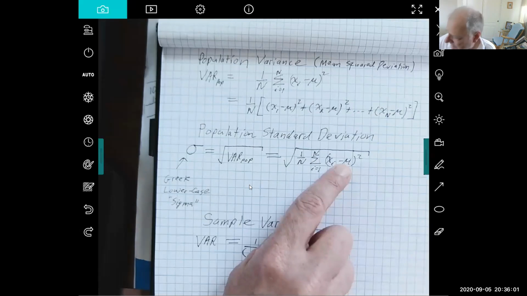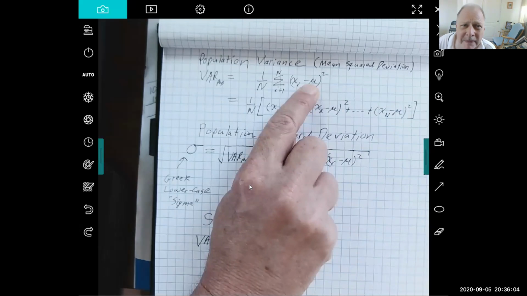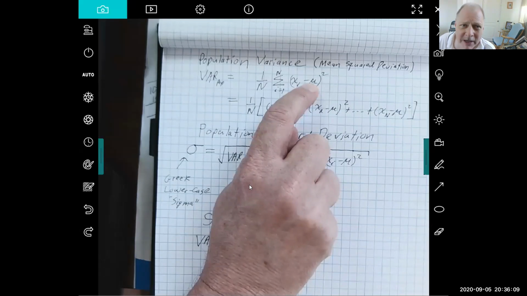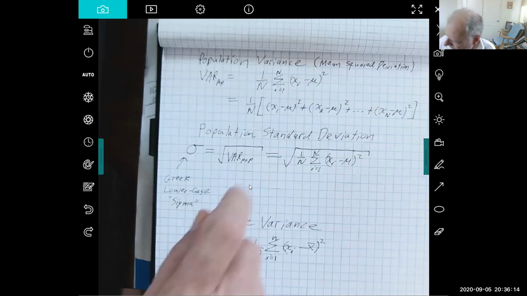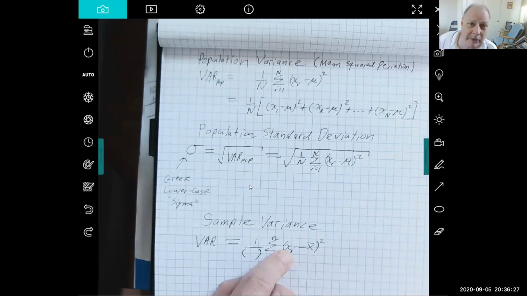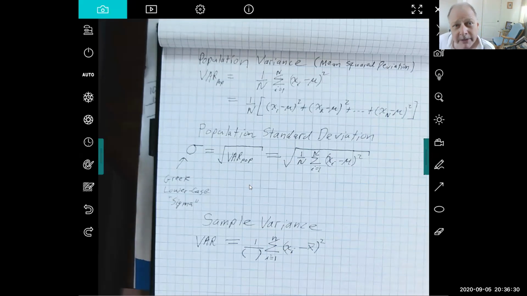Well, that population mean, that mu, is just fixed. There's just one average for all the people in the United States. But every time you get a new sample, this x bar moves around. And it moves around so as to sit right in the middle of the people who make up your sample. So if our sample was the people in our classroom, the sample mean would sit right in the middle of all of us.